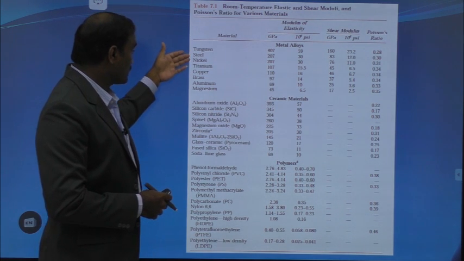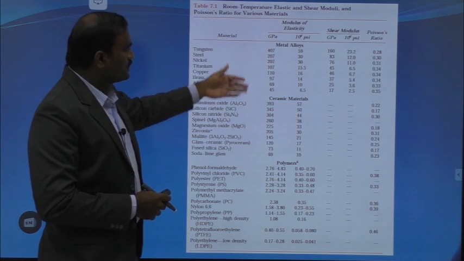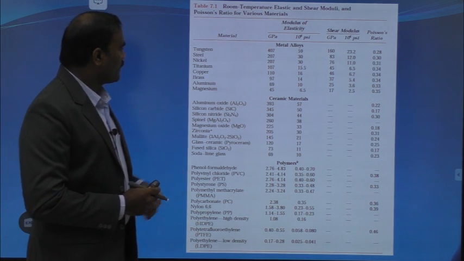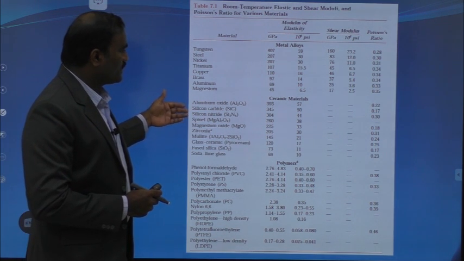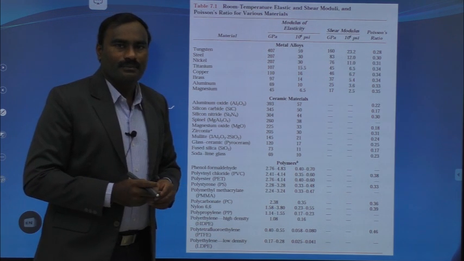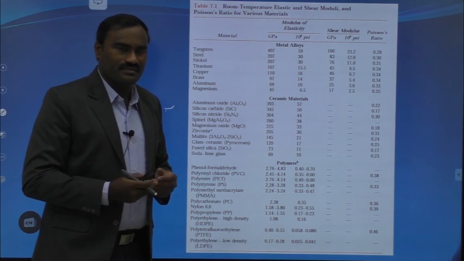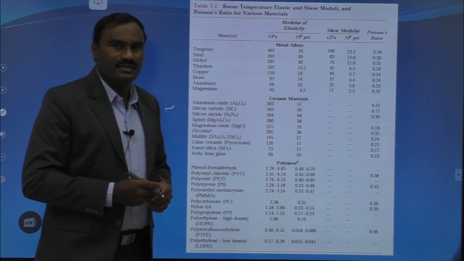Other metals like steel, nickel, titanium, copper, you can see how the Young's modulus varies for them. Similarly, you can see some of the ceramic materials which are used in most mechanical engineering applications, for example in engines.